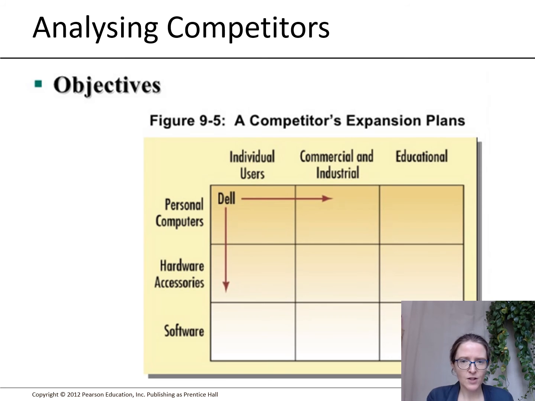If we look, for example, at a company like Dell, the individual users are going to be focused on things such as personal computers, hardware, accessories, etc. And that will also go across into the commercial and industrial sphere. So it's really about understanding to what degree the organisation is able to expand outwards. What are the objectives of the organisation in terms of its expansion strategy? What do you think are the variables we need to consider when analysing competitors? What other variables do we need to take into account?